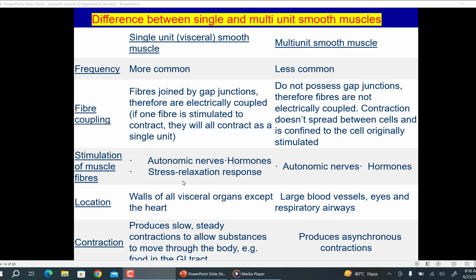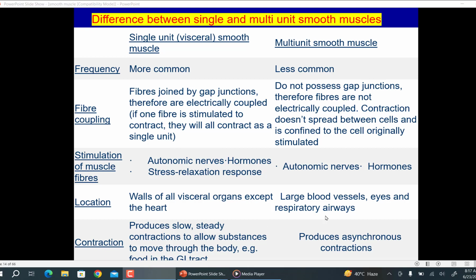Stress relaxation response is present in the single unit smooth muscles. Location: wall of all visceral organs except the heart. They are present in all hollow organs, the visceral organs, except the heart. Heart has a different type of muscle which we will discuss separately.